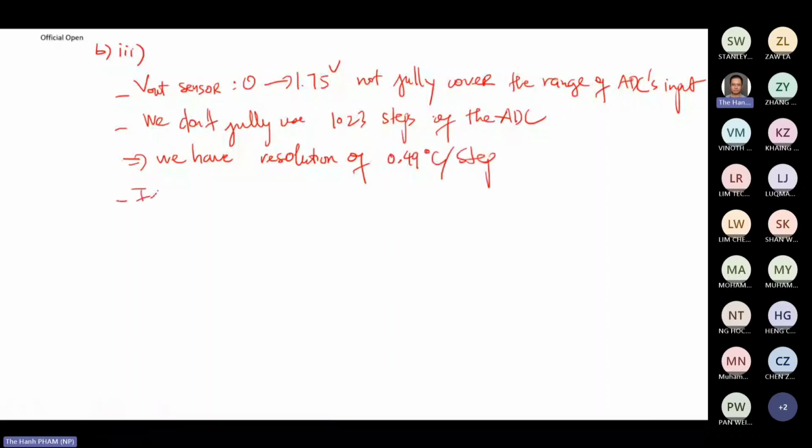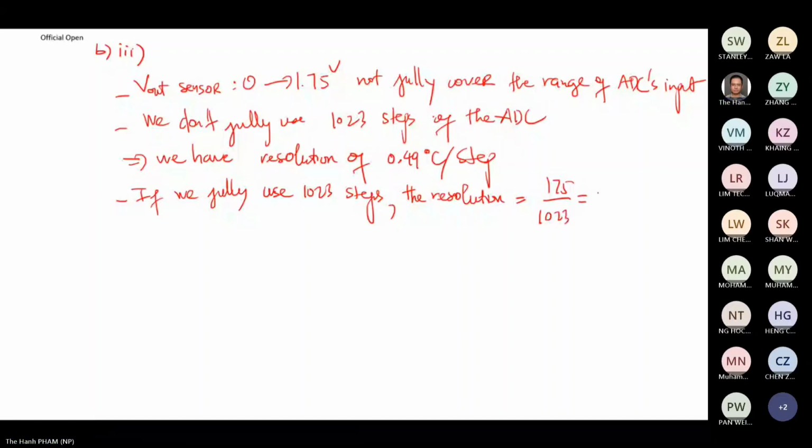But if we fully use the 1023 steps, the resolution will be 175 over 1023, which is 0.171 degrees Celsius per step, right?